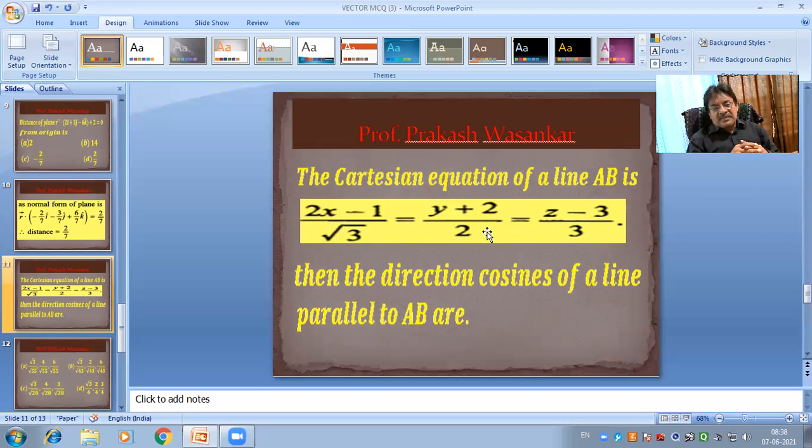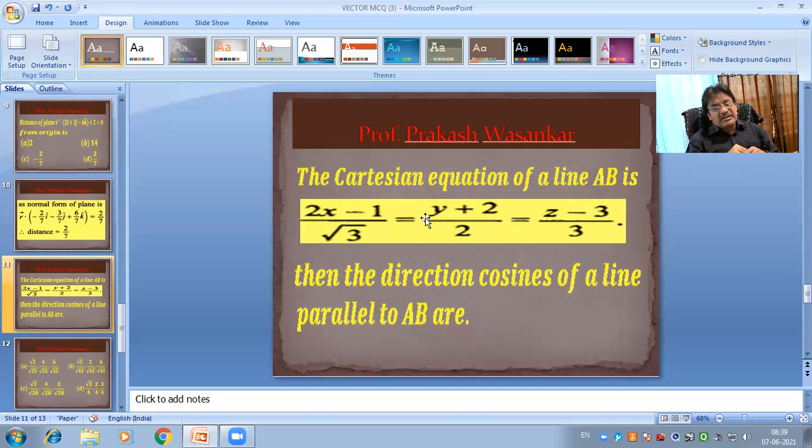We know that the Cartesian equation of the line passing through the point P(x1, y1, z1) having DRs a, b, c is (x minus x1)/a = (y minus y1)/b = (z minus z1)/c, where a, b, c are the DRs of the line. So we convert this Cartesian equation into the form (x minus x1)/a, (y minus y1)/b, (z minus z1)/c.